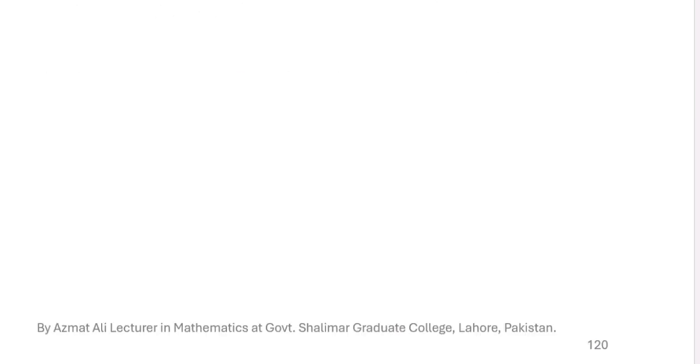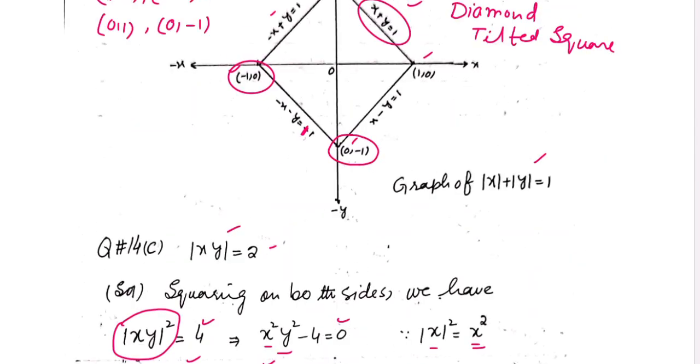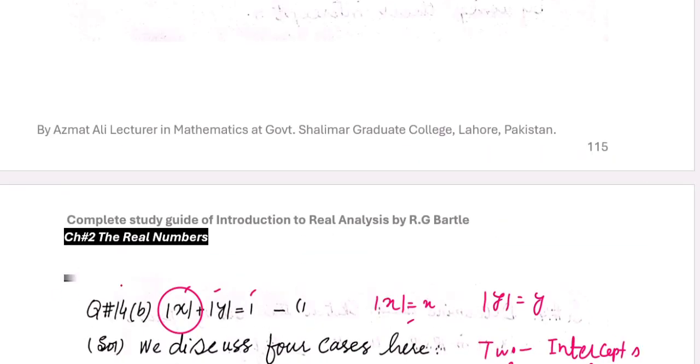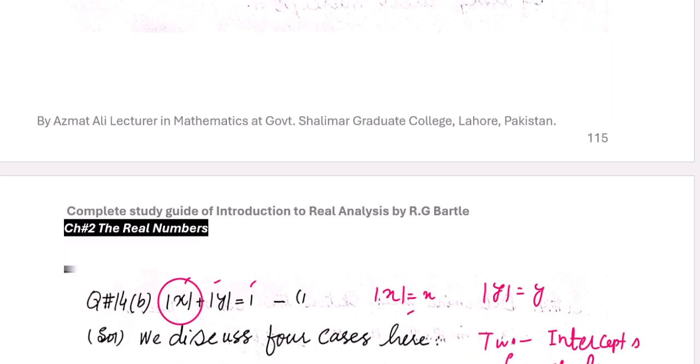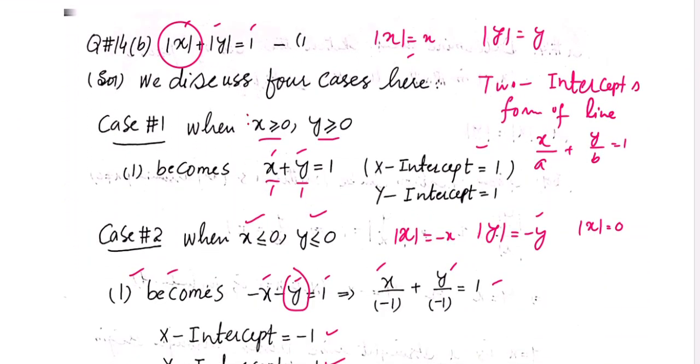On the other hand, if you see question number 14b, there was no such problem in this question, because when you take x greater than or equal to 0, y greater than or equal to 0, your x-intercept and y-intercept both are greater than or equal to 1. So these intercepts automatically satisfy these cases.